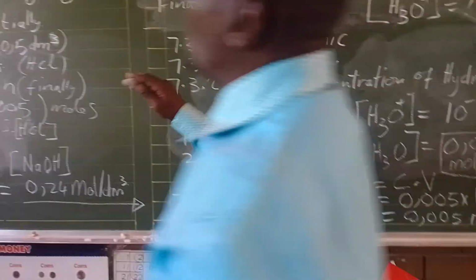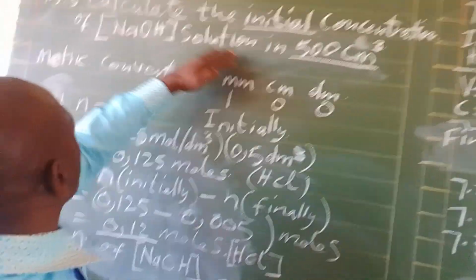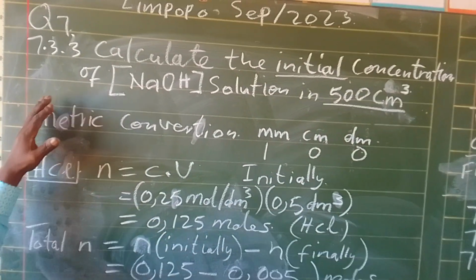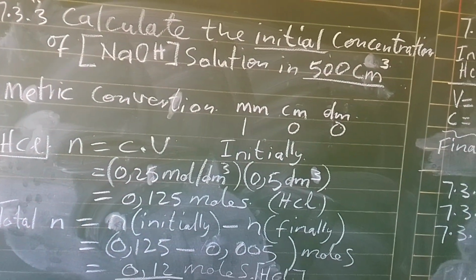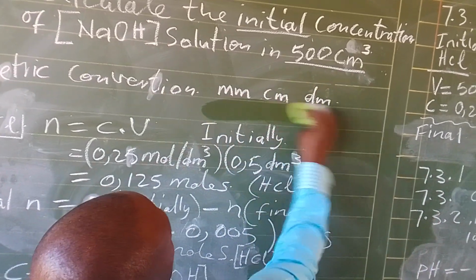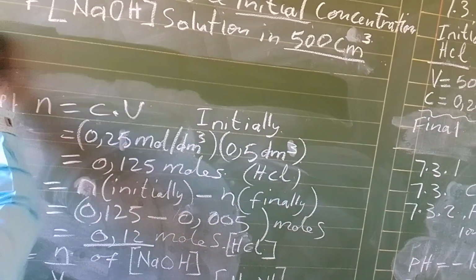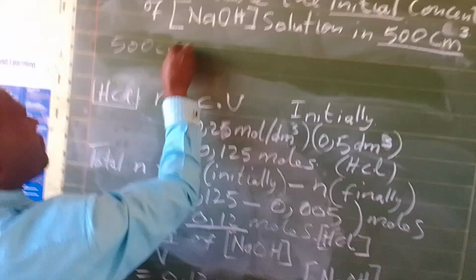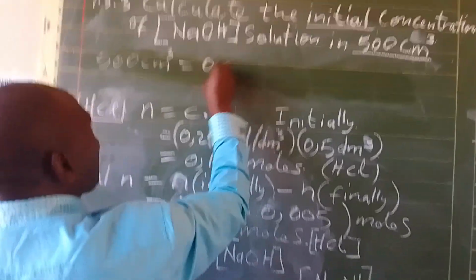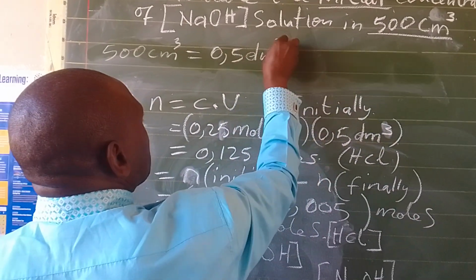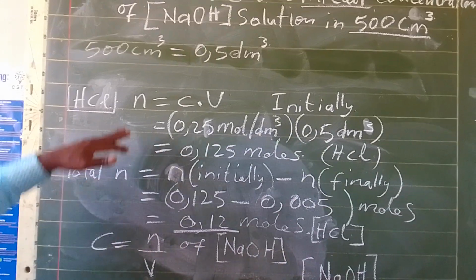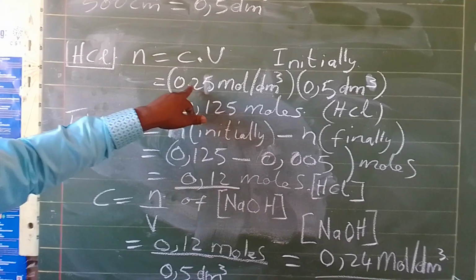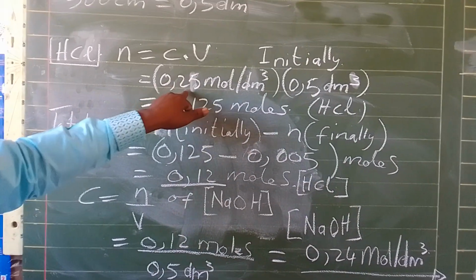When we come back to answer the question, calculate the initial concentration of sodium hydroxide solution in 500 cubic centimeters, the conversion matrix has given us that 500 cubic centimeters is 0,5 cubic decimeters. Now you check from the beginning. Initially the concentration of the hydrochloric acid was given as 0,25.